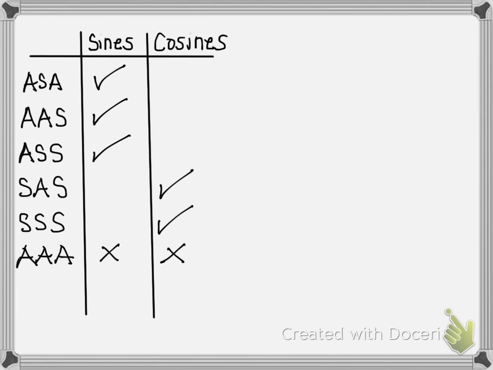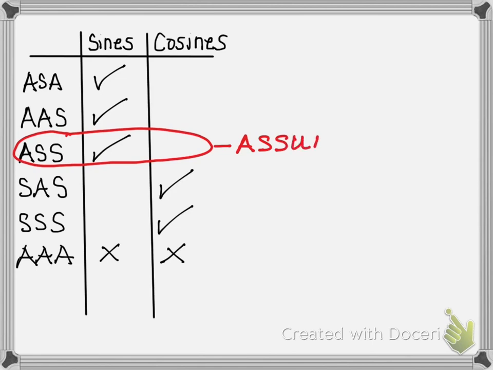If ever we are dealing with this case, we have to be careful not to assume. It's only the ASS case. So that's why I write it like this: ASS for assume.